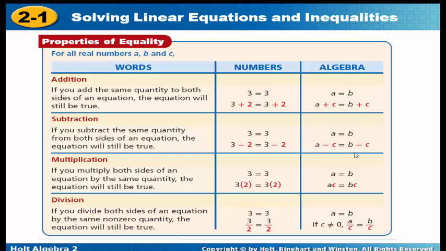Addition: if you add the same quantity to both sides of an equation, the equation will still be true. Like here, 3 equals 3. If we add 2 to both sides, 5 equals 5. So if A equals B, and we add C to both sides, the equation will still be true.